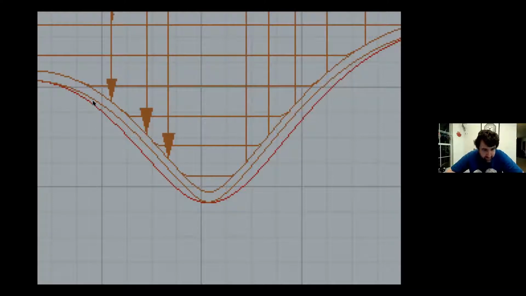And the red curve is the curve that we want to cut. The orange curve is the curve that we're actually going to move the center of the tool along. And so you can see when we're trying to cut horizontally, the center of the tool is going along the path that we wish to cut.